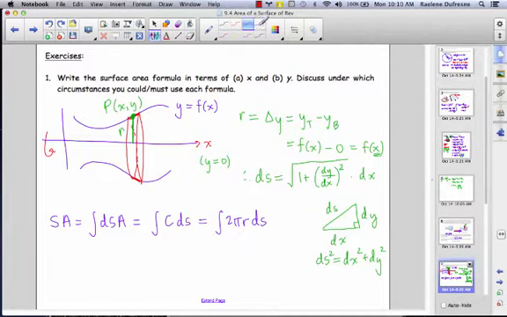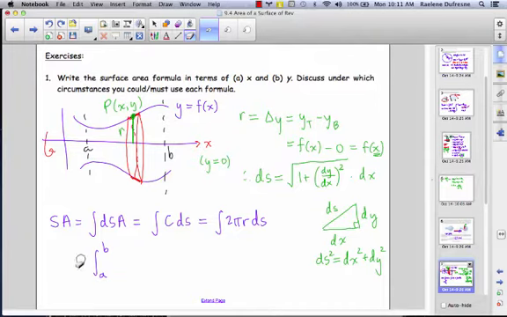So making this substitution and coming up with bounds of integration, we would probably be integrating from some starting x-coordinate to some final x-coordinate. Let's call them a and b. So we would get the integral from a to b of 2 pi, which are constants I will take in front of the integral, times the radius, which is f of x minus 0, as we are revolving around the x-axis.